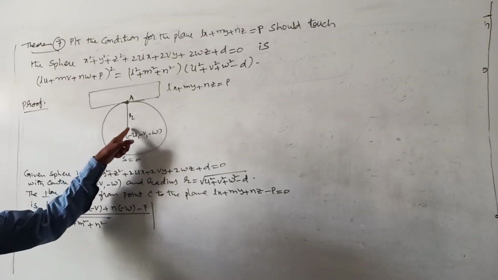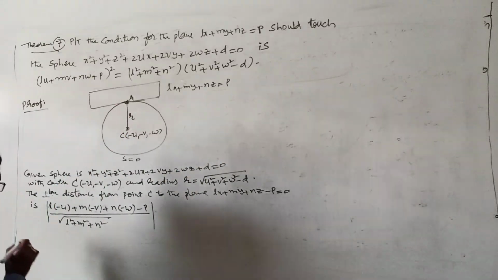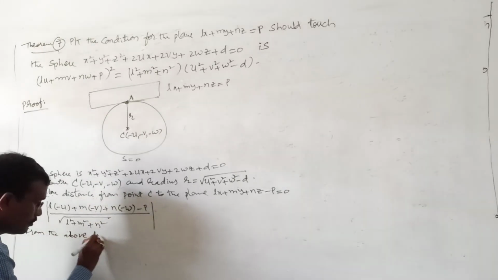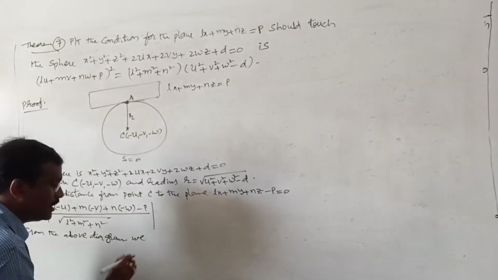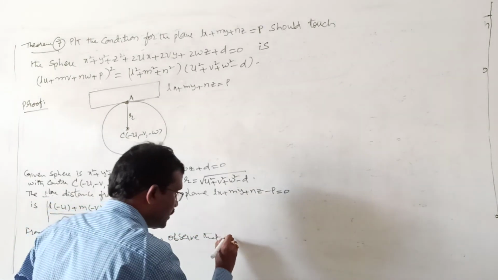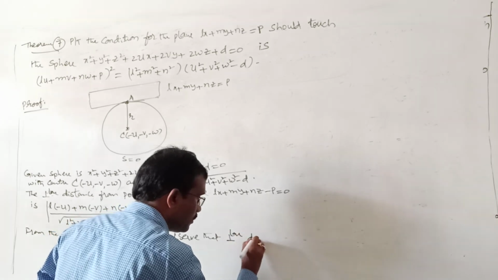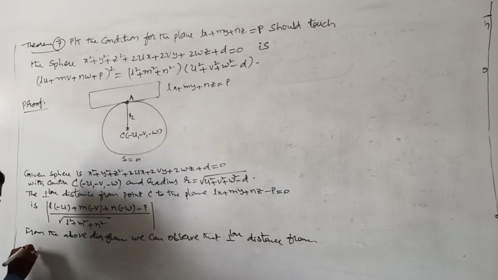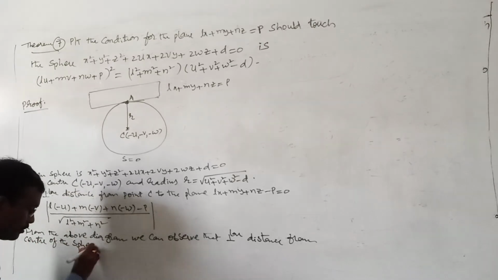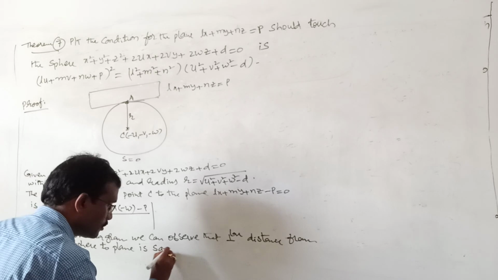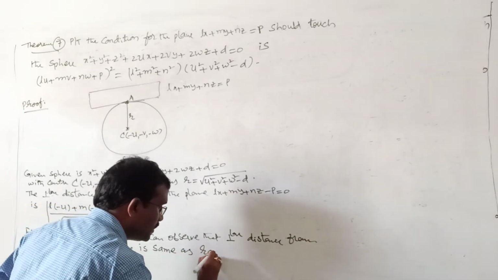Now let us see whether this is the same as the radius or not. From the above diagram, we can observe that the perpendicular distance from the center of the sphere to the plane is the same as the radius of the sphere.